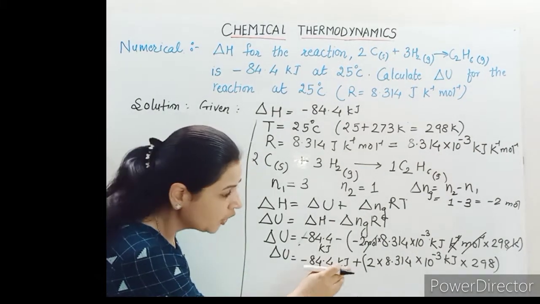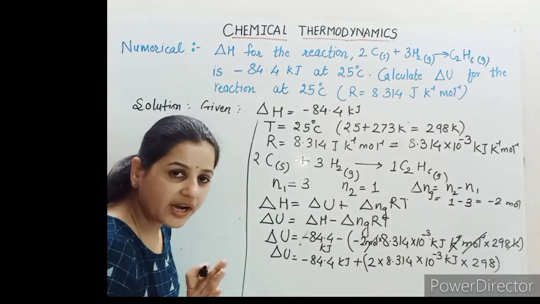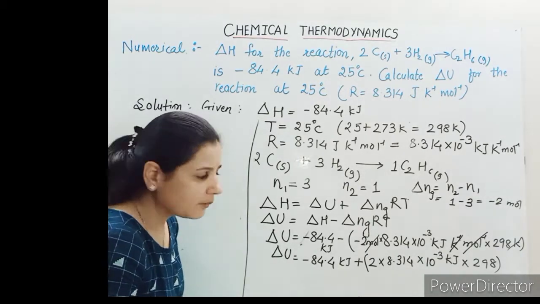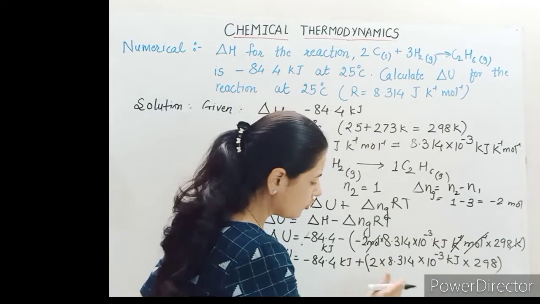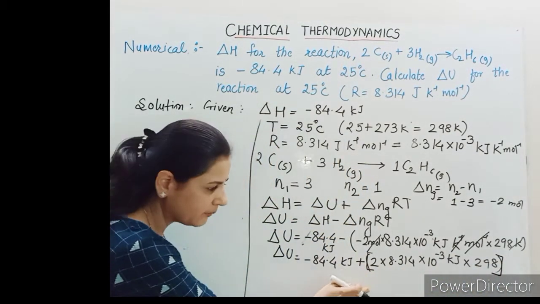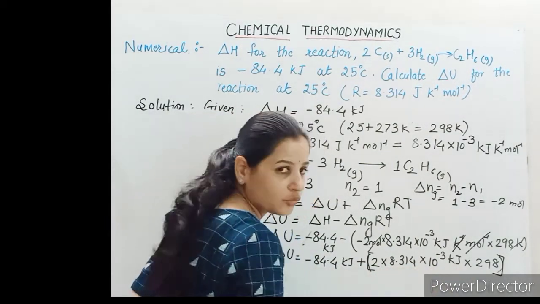You can do this manually or using logs, but we will do it with logs so that you are in practice with the log table and find it easy. Let us apply log only on this part, because here there is only multiplication. For addition we don't use log.